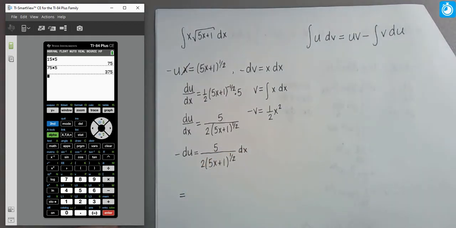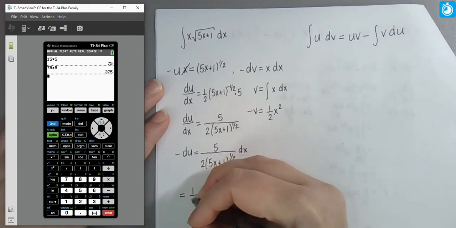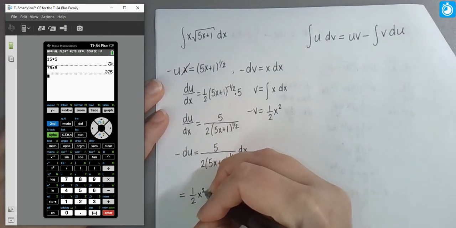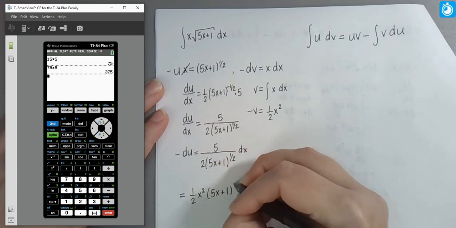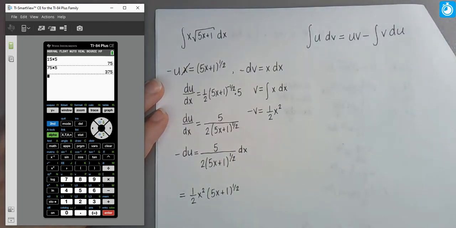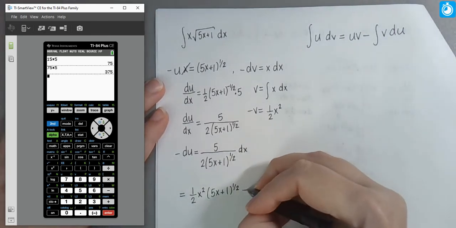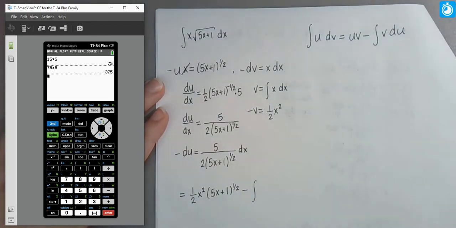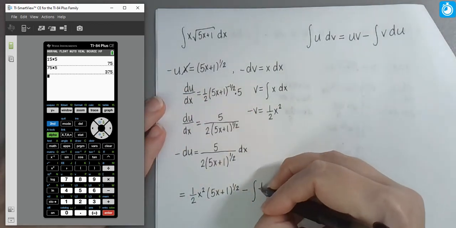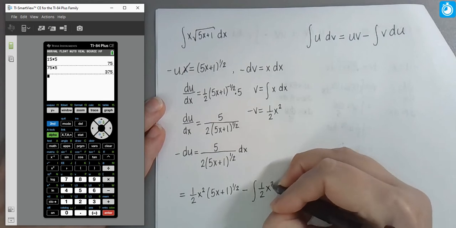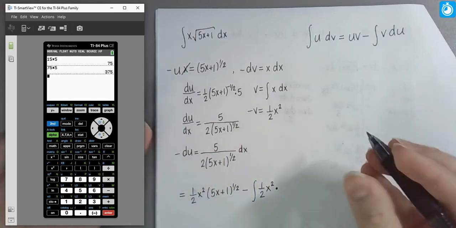So uv, here's our u, here's our v, so that's going to be 1/2 x squared times 5x plus 1 raised to the 1/2. That's not a problem, it's just what happens with our integral. So minus the integral of v du. Well, v is going to be 1/2 x squared, and then du is all of this with our dx.